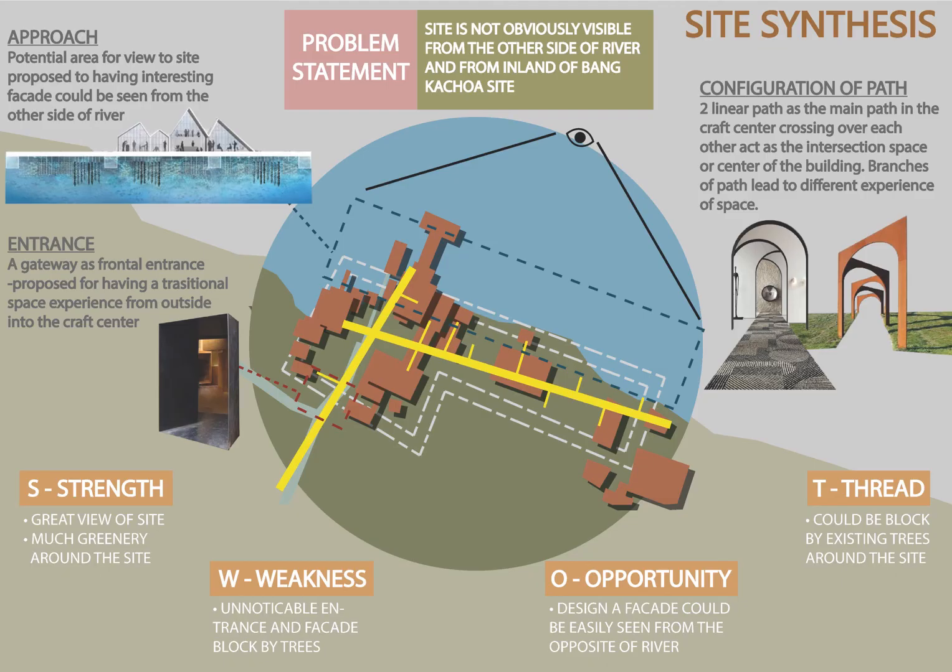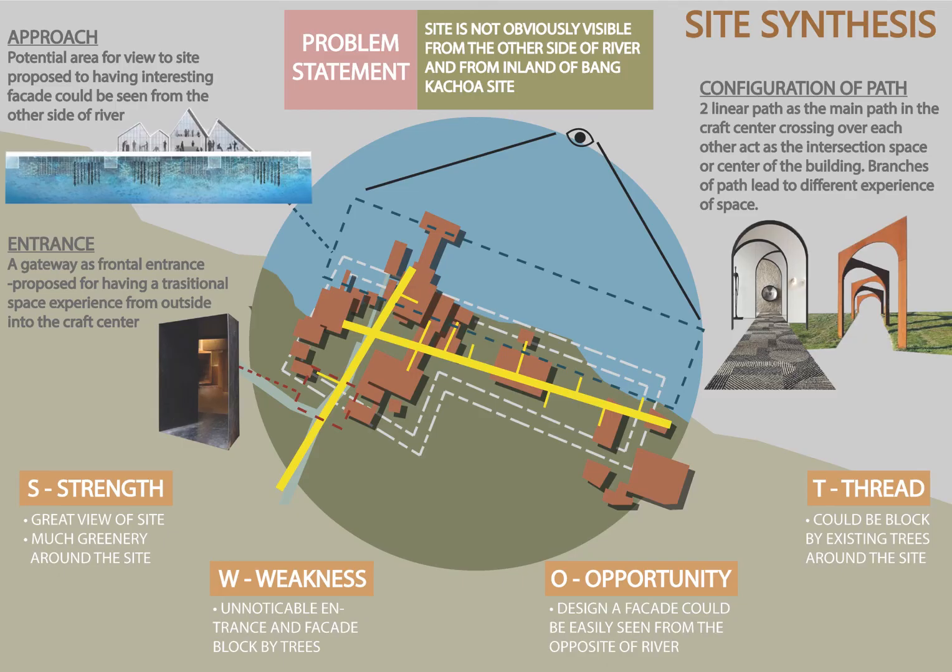There's an opportunity to design a facade that could be easily seen from the opposite side of the river, and a threat that it could be blocked by the existing trees around the site. For the site synthesis, the problem statement is that the site is not obviously visible from the other side of the river and from the inland of the Bang Kachao side.